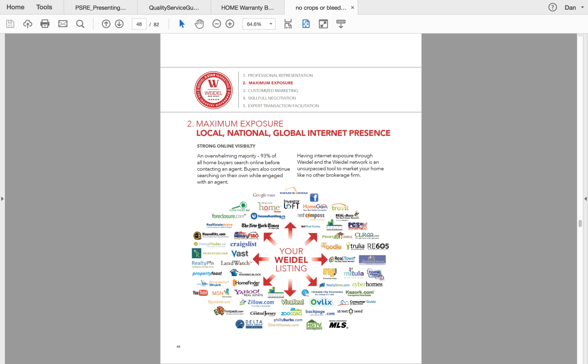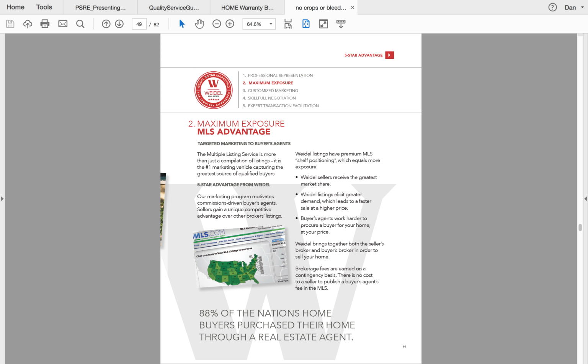I'm going to give you a thought that relates to page 49, and that is buyer agents. 5-star is all about the buyer's agent. It really is nothing about the buyer. Buyer agents see the 5-star designation in the multiple listing service. So therefore, 5-star makes buyer agents want to sell Weidel houses.